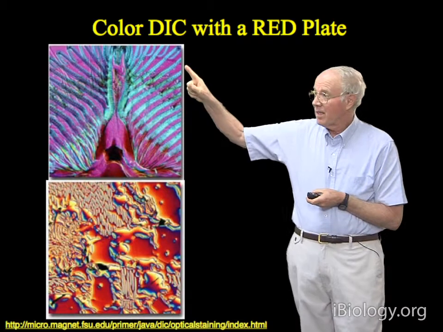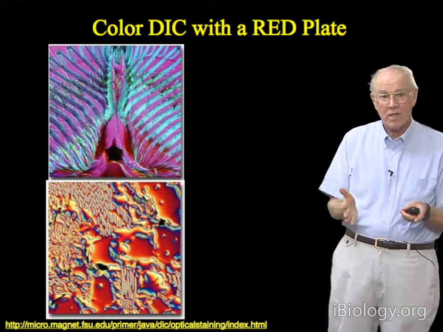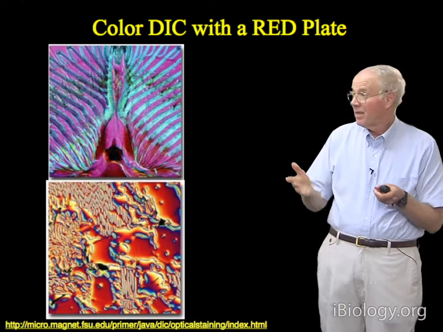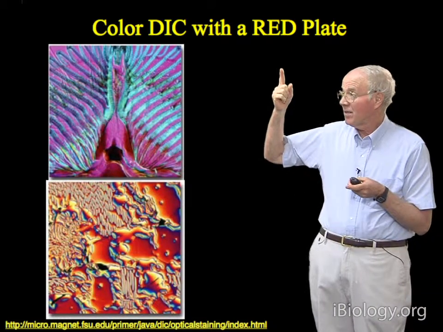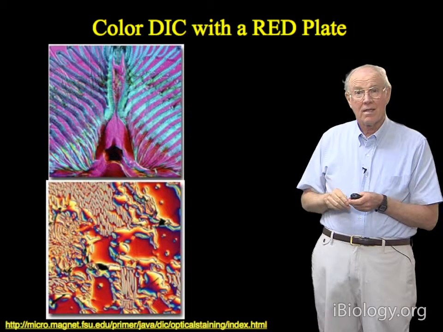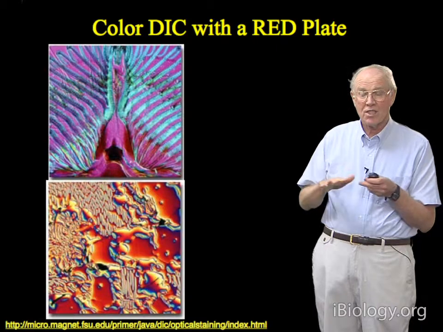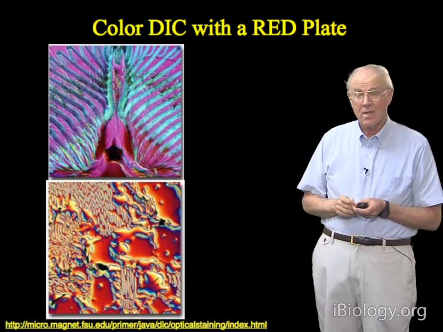And so it's called a red plate because when you illuminate the specimen with white light, right, you cancel out green light and let just blue and red light go through, and that produces sort of a magenta background color.